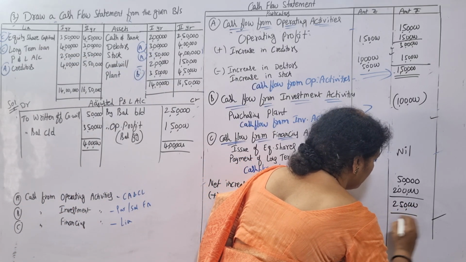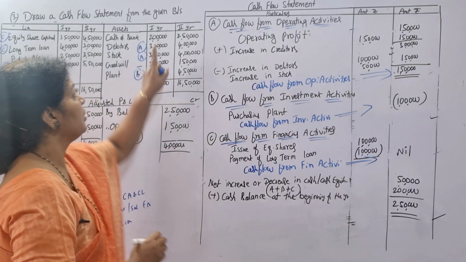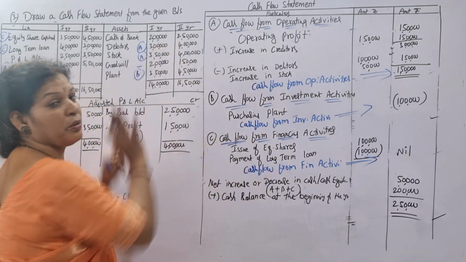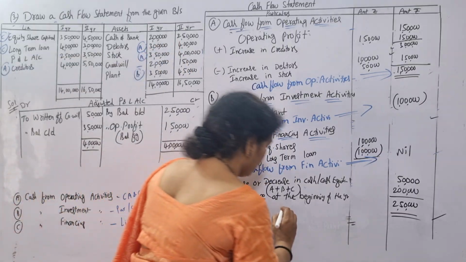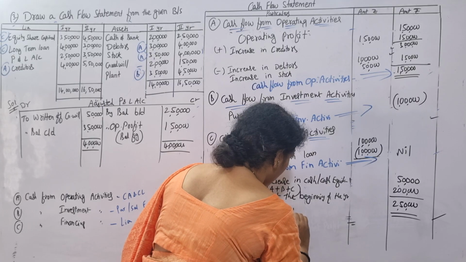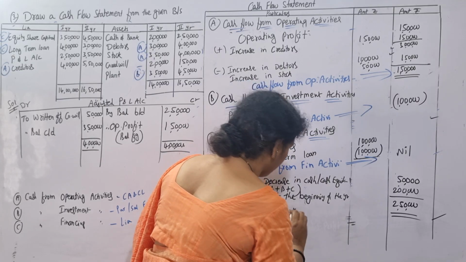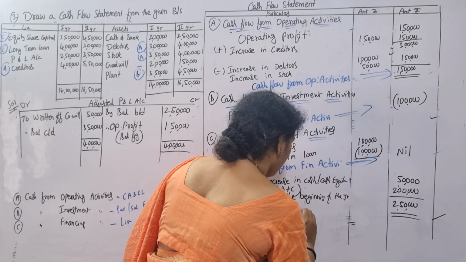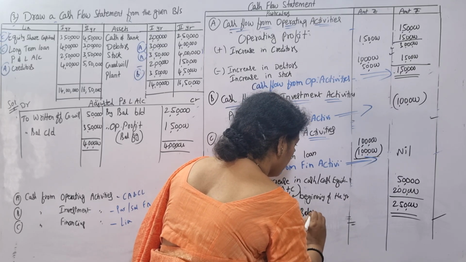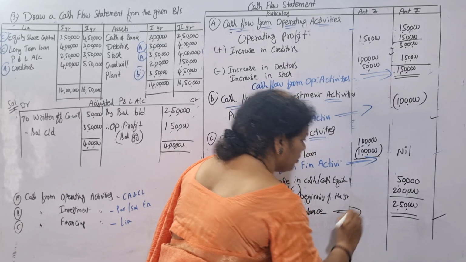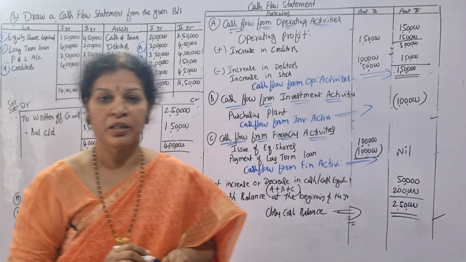Finally, this should match with the closing balance of cash. So closing cash balance, or net balance, you can say. This is 2,50,000. Am I clear?